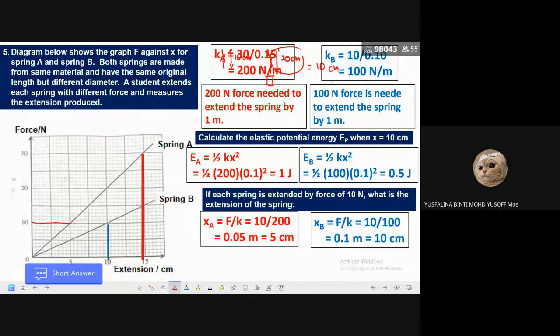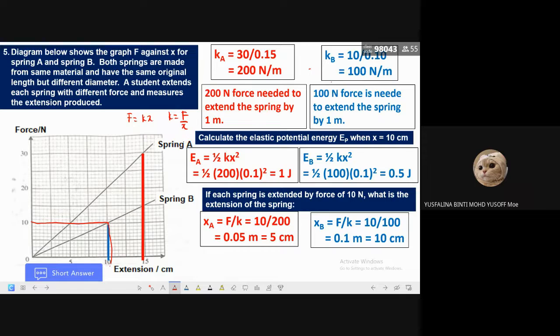For the first one, they use the formula EP equals half kx squared. So you need to find your k first. Your k is F over x, from the formula F equals kx.